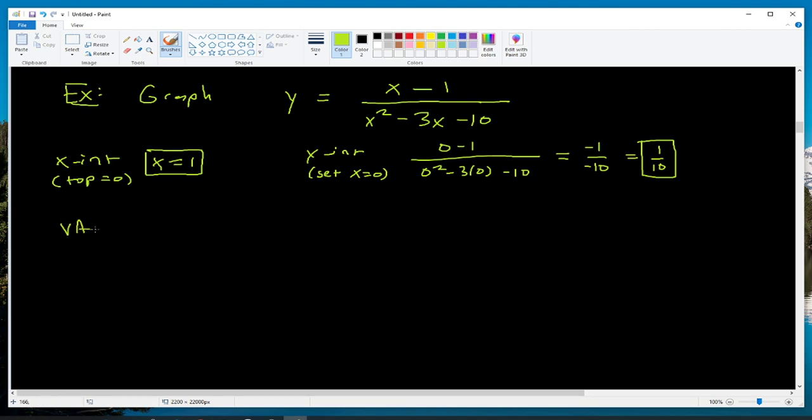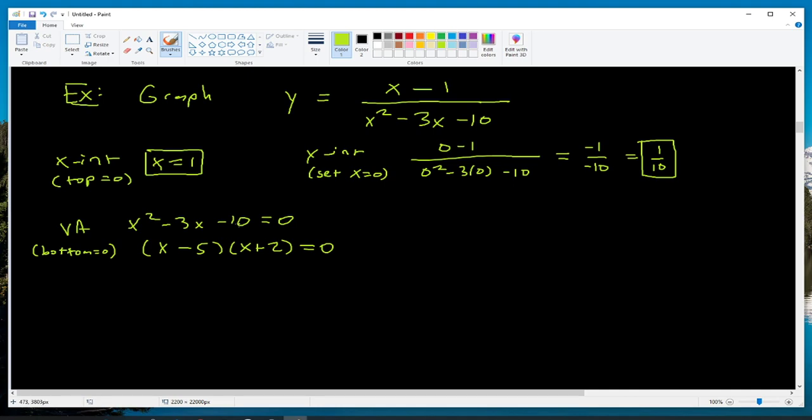Say, okay, vertical asymptote, where's the denominator? Where's the bottom equal to 0? So our bottom is x squared minus 3x minus 10. So I set that bottom equal to 0. And I say, okay, where is that going to occur? So we got to factor it. We say, all right, this will be x minus 5 times x plus 2 equals 0.